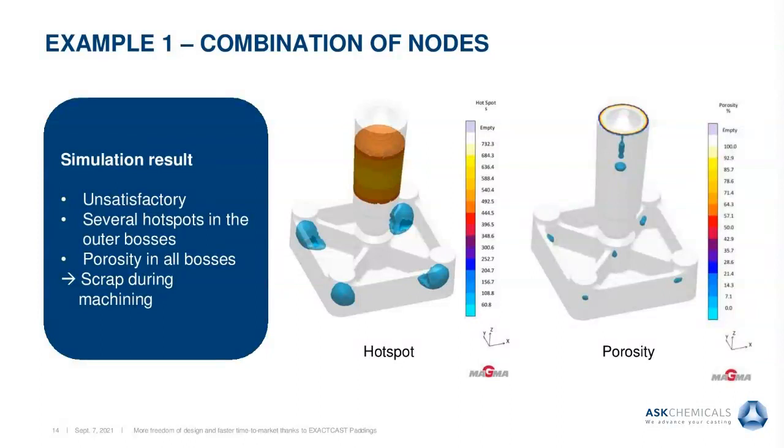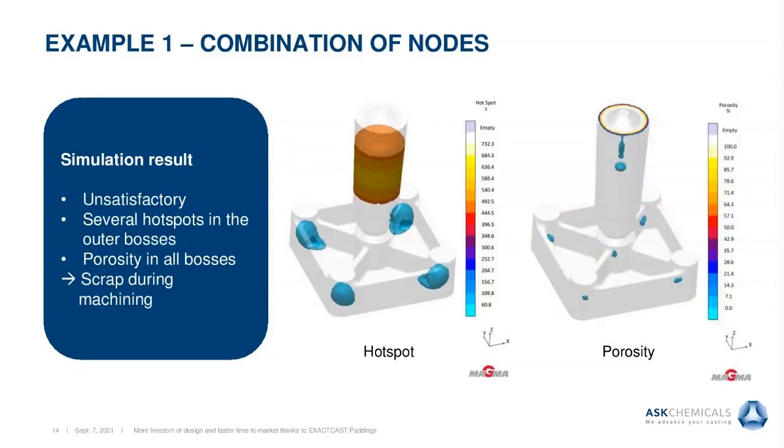I think this is not a well-known thing in a foundry. So also the simulation result here is quite unsatisfactory. On the left hand, you can see the hotspot of the casting, which means the residual melt areas, or the areas where the last solidification takes place. And depending on that, we also have the porosity on the right side, and you can see that in all the bosses you have porosity in these castings.